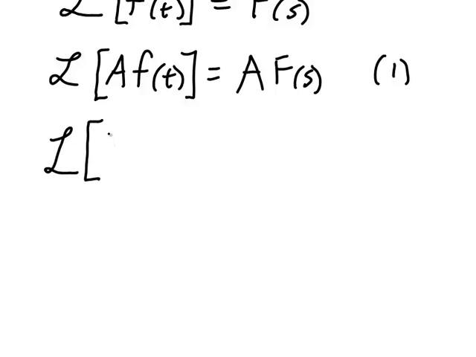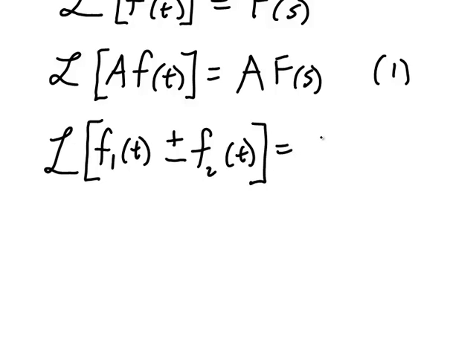The Laplace transform of some function f1 of t plus or minus a second function f2 of t is equal to the Laplace transform of the first function plus or minus the Laplace transform of the second function. Let's take a look at an example of how we can apply this property, which we'll refer to as property number 2.